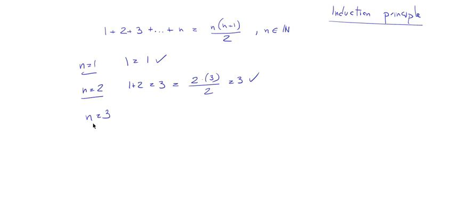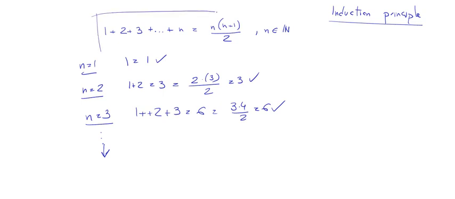And n equals 3: 1 plus 2 plus 3 is 6, and then you have 3 times 4 over 2, so 12 over 2 is 6. So this is true. But as you can see, there are infinitely many natural numbers, and you cannot prove this statement this way. We don't know if this is true for all numbers, and if you want to prove the statement by substituting n, you will never finish.